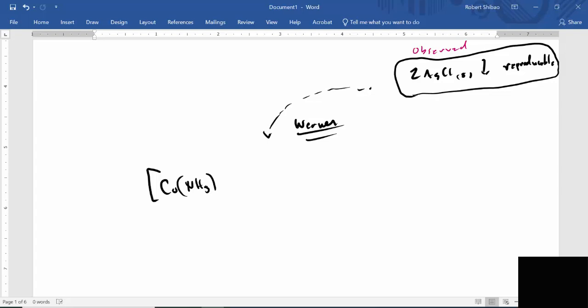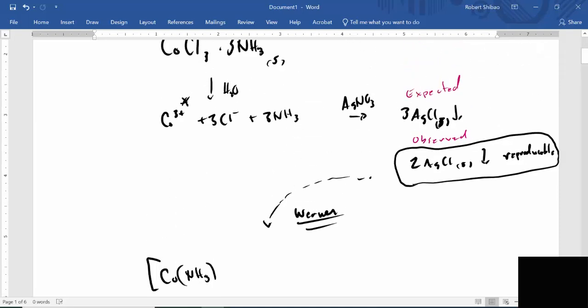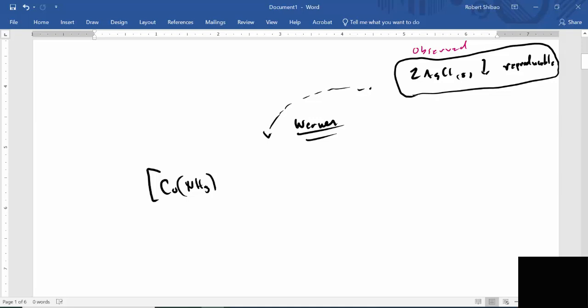What was it? NH3. Let me take a look. I guess this was only, what is it? Cl. I don't know where I got this. This is not the same one Werner did. I think they did chromium complex.